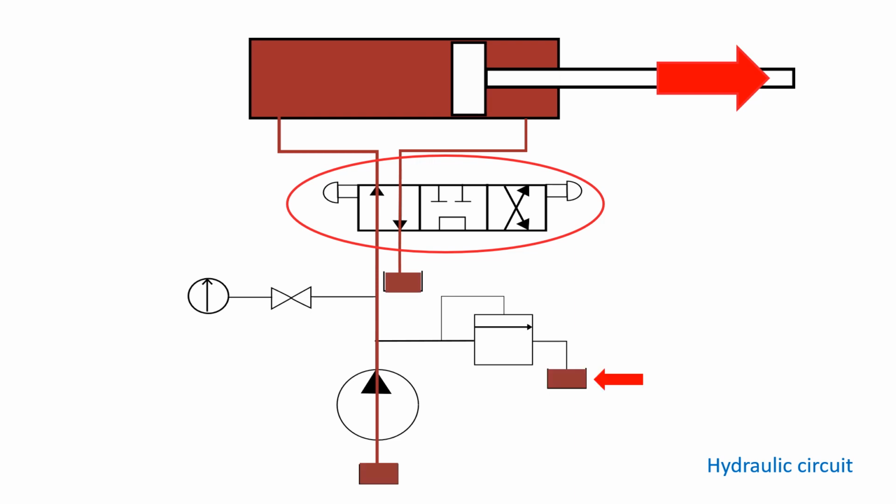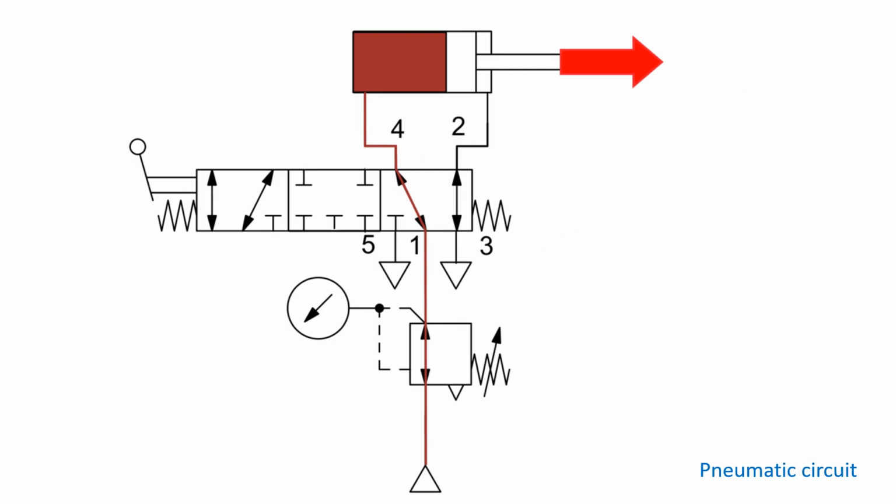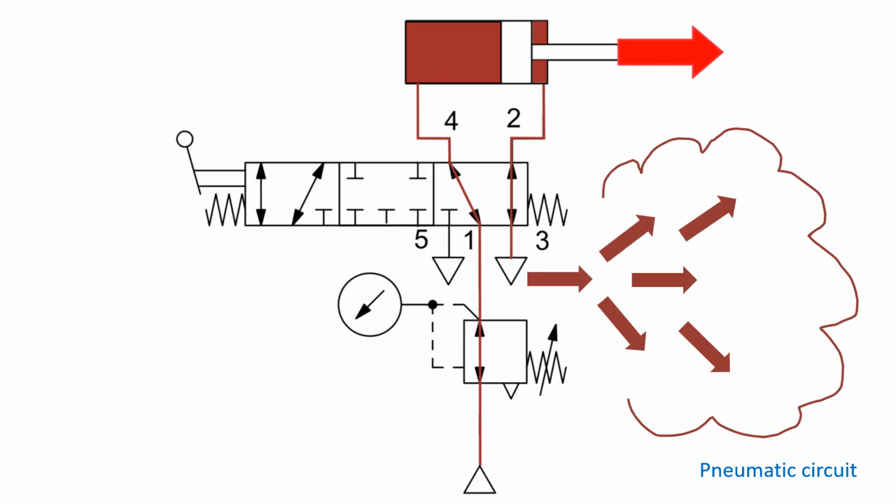We can see in the diagram the hydraulic oil leaving the front of the cylinder is being returned to the oil reservoir. Here is the same device using compressed air to extend the cylinder. In this case, the exhaust air is not returned to the reservoir or the storage tank, it is released to the atmosphere.